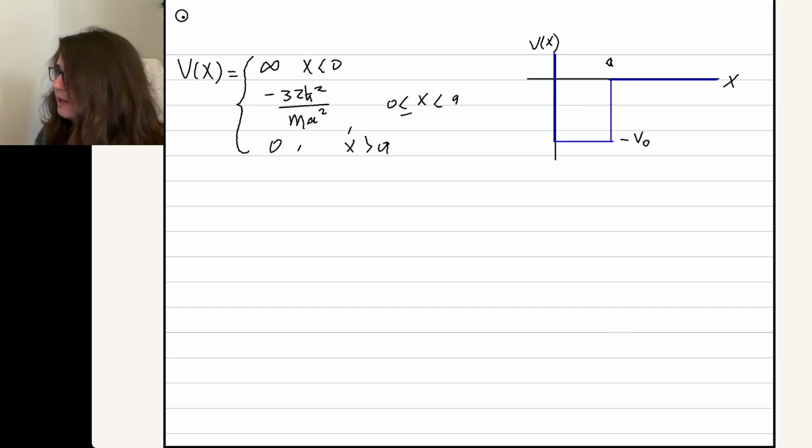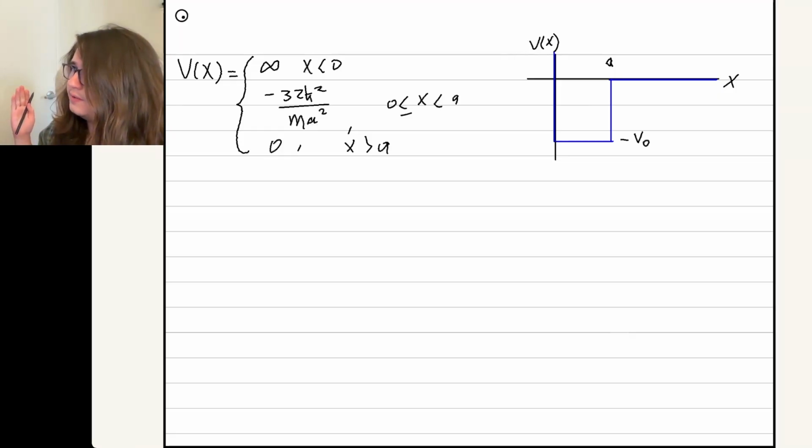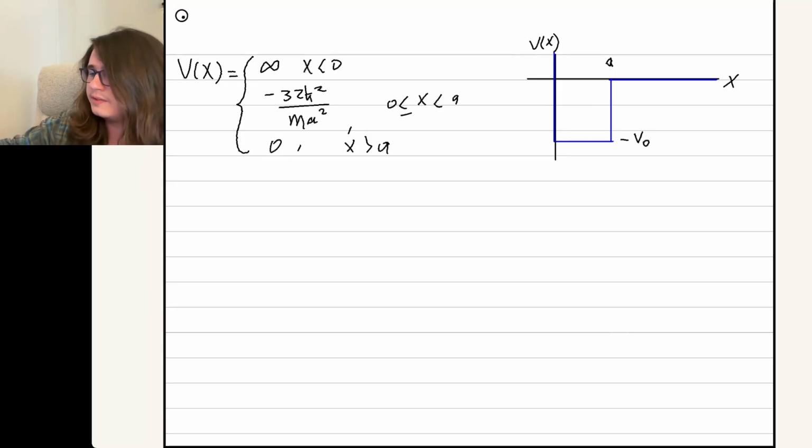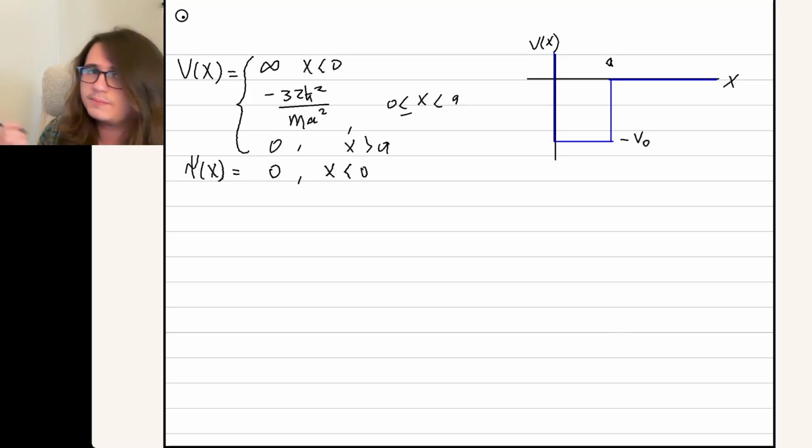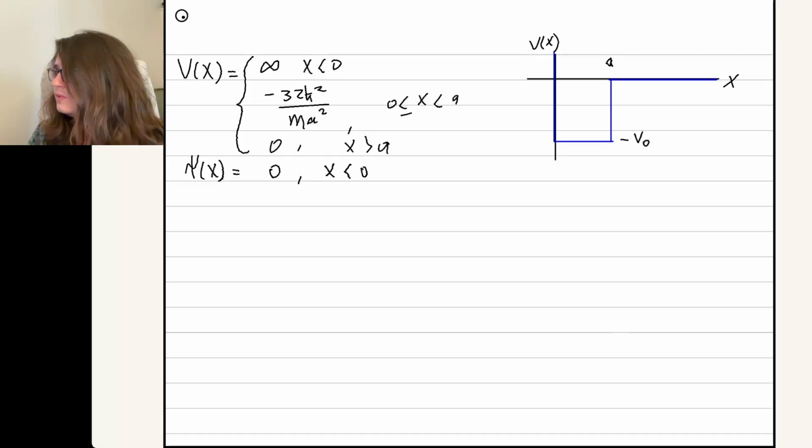So the thing about this is that it's a finite square well. Before you even think about the fact that the other side is infinity, you can say there's the even solutions and the odd solutions. But you only admit the odd solutions, because if this is the potential, the wave function has to be 0 at x less than 0, since it's in an infinite potential.